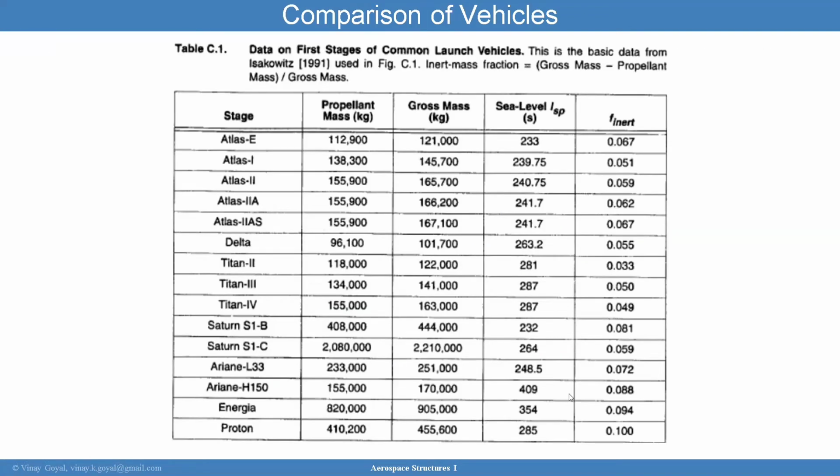Here's an example of common first stages going from the Proton, the Russian vehicles, Europeans, the American ones, and you can see here the typical ISPs. And the Orion has one of the best ISPs, and you can see here the inert mass is in the 6% to 10% range for the Proton, the Russian vehicle.